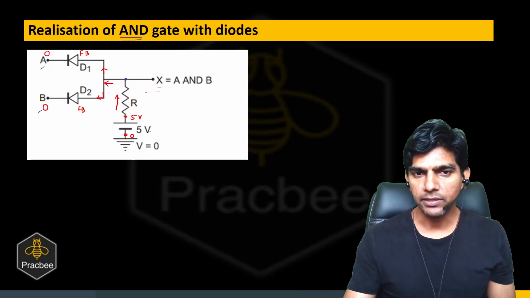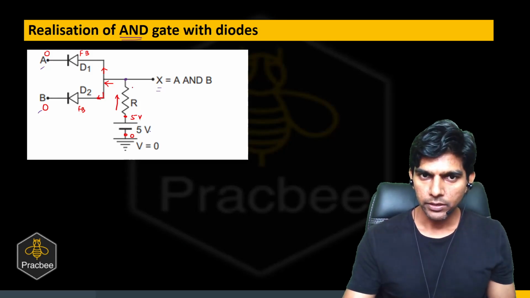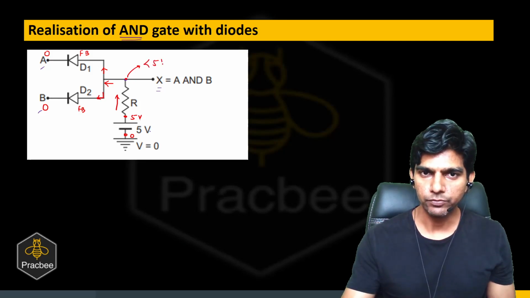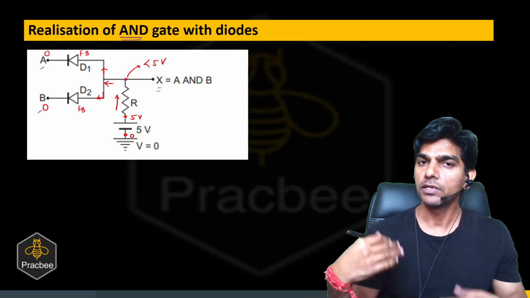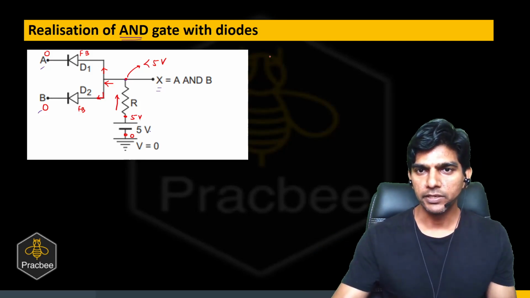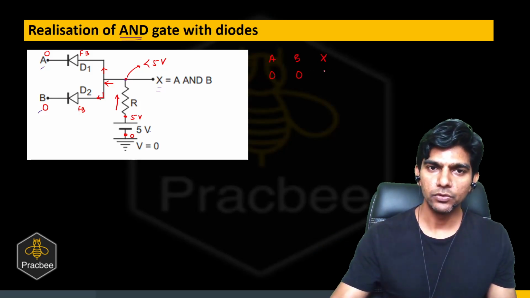If current is flowing, there will be a potential drop across the resistance R, due to which the voltage at this point will be less than 5 volts. If we are getting voltage less than 5 volts, we are getting a low signal, so the output is low. So A, B, X: if A is 0, B is 0, we are getting a low signal.